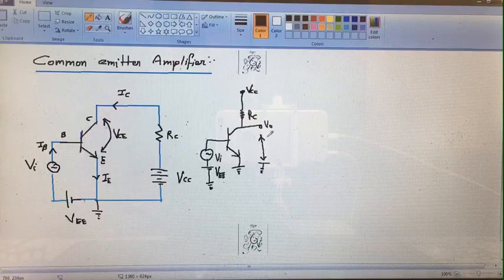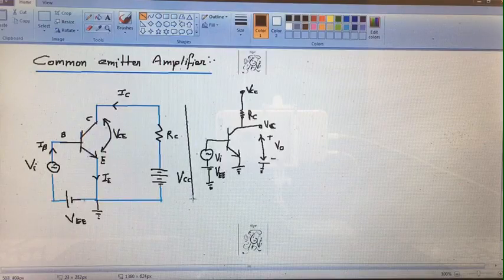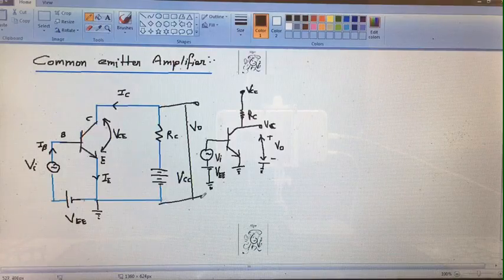This is our V output measured with respect to the ground. It is also known as the voltage across the collector. So here we are measuring our output across this terminal. V output, positive and negative. This is our positive terminal and this is our negative terminal.